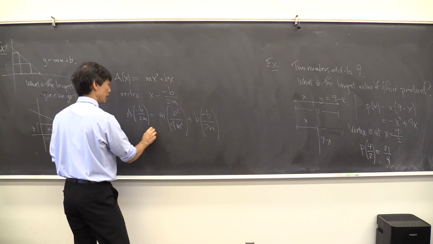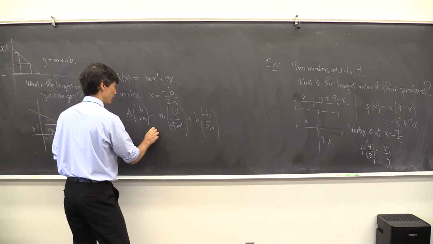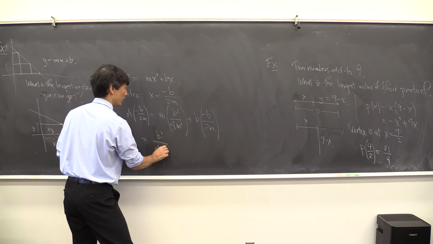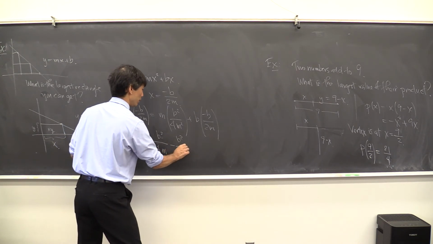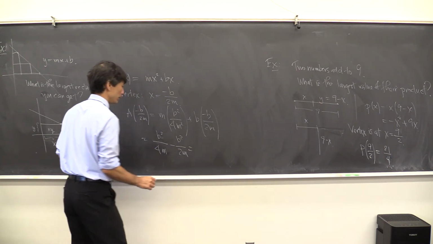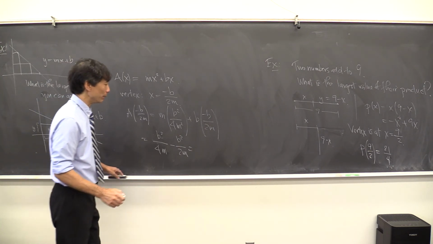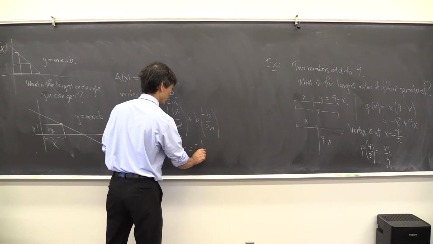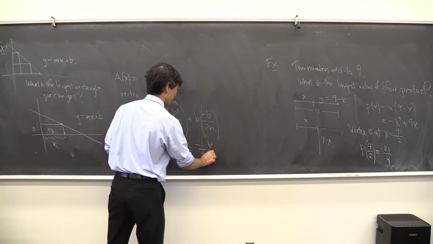In other words, we don't get an m, we get b squared over 4m minus b squared over 2m. So we got a quarter of b squared over m minus a half of b squared over m. So we get negative a quarter of b squared over m.